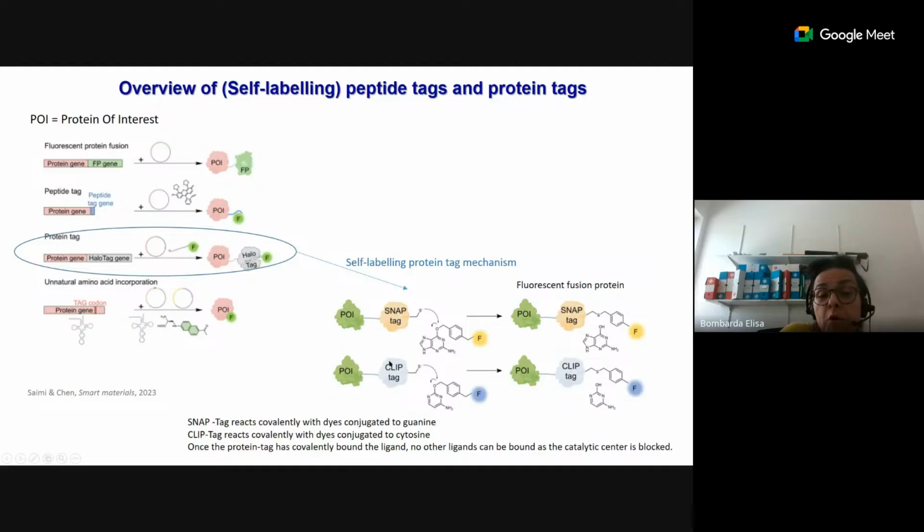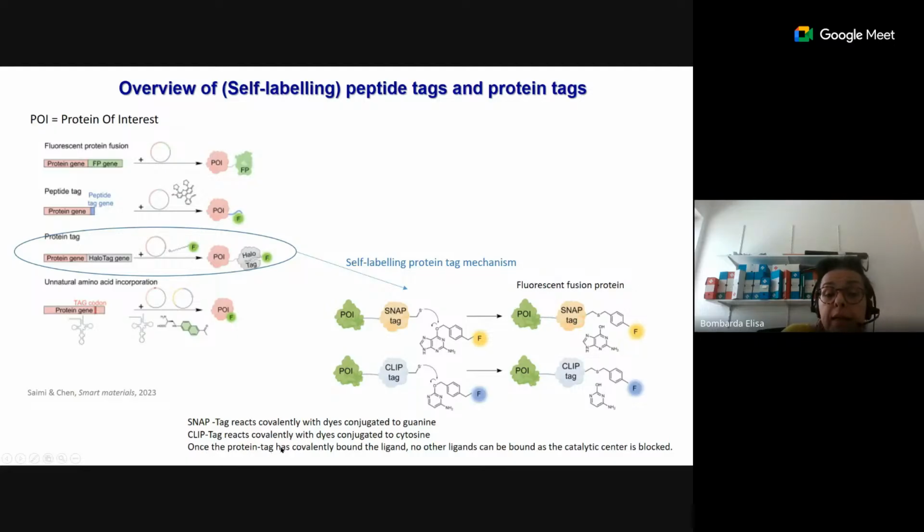The mechanism of CLIP is quite similar, the difference being that CLIP reacts covalently with dyes conjugated to cytosine instead of guanine.